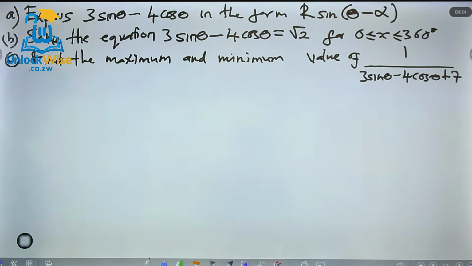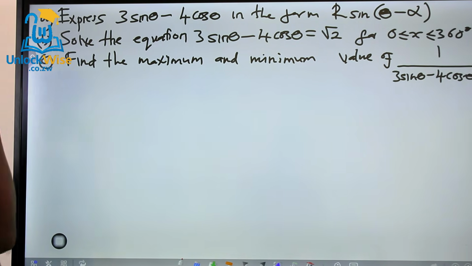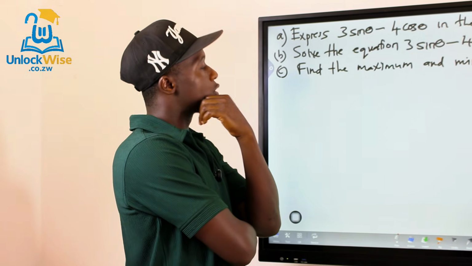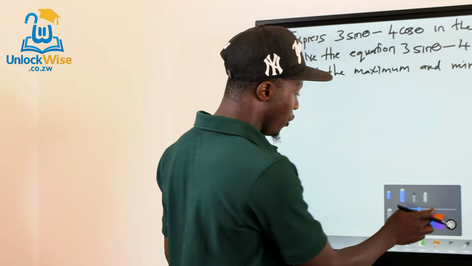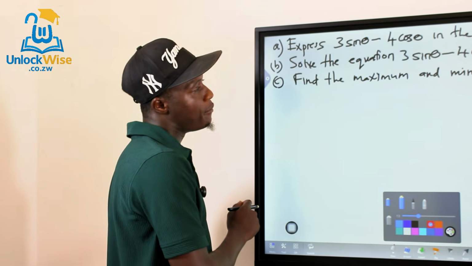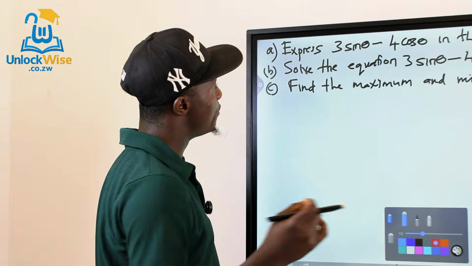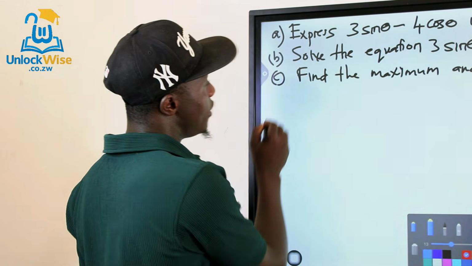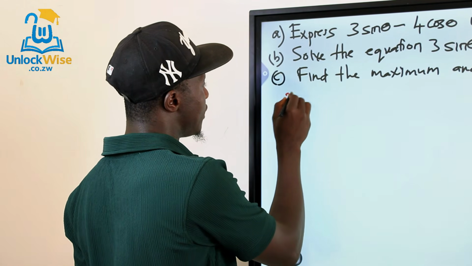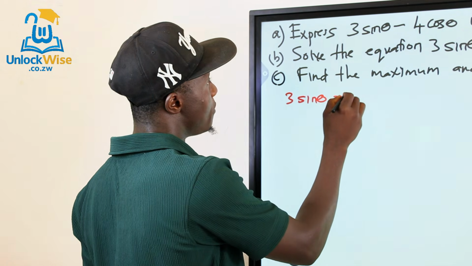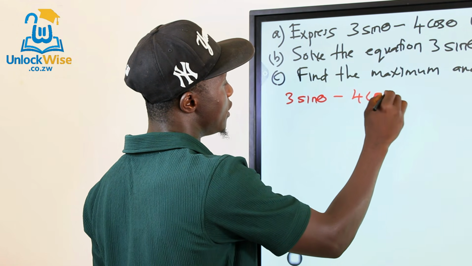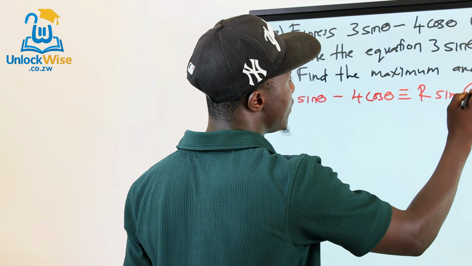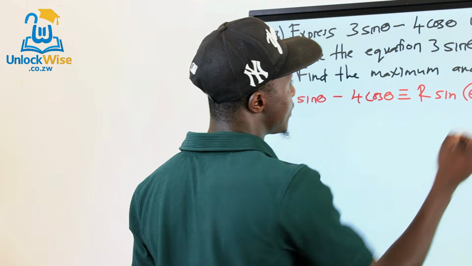Okay, now I want to tackle this question with a simpler method. Like I said before, all you have to do is remember finding r and finding alpha. The question is saying 3 sine theta minus 4 cos theta is identical to r sine theta minus alpha.